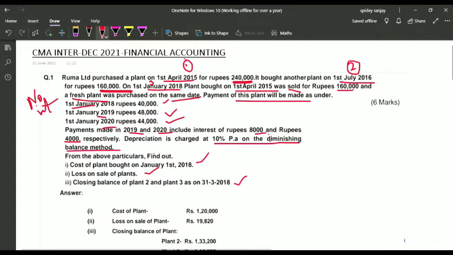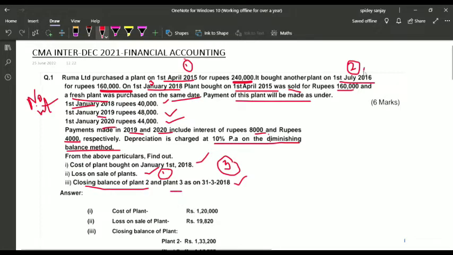Here they are asking us to find three things: the cost of the plant bought on 1st January 2018, that is the value of the third plant; the loss on sale of the first plant, which is sold; and the closing balance for plant 2 and plant 3.